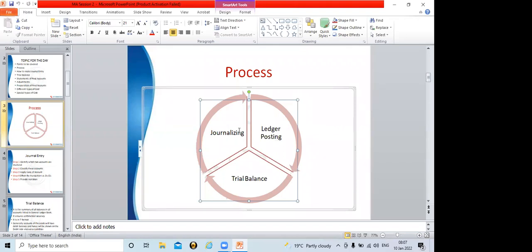Now let us understand what is journal. Journal is the prime book of organization, which is called the original entry book. Whenever a transaction happens in the organization, immediately that transaction is recorded in the journal.